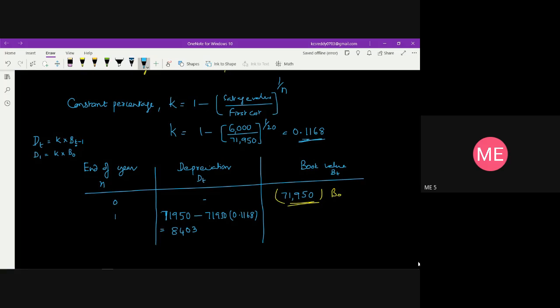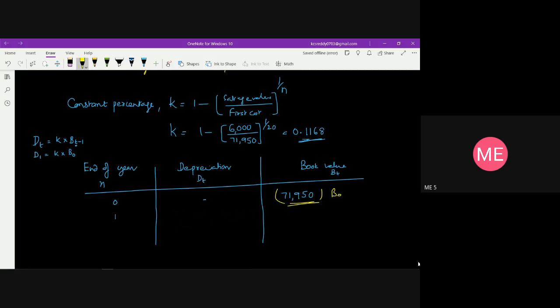So 8,403 will be the depreciation amount. The calculation we can do by using the equation. I'll write it here. So at the end of the first year, what is the depreciation amount?